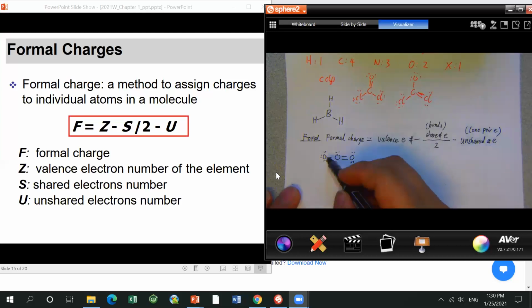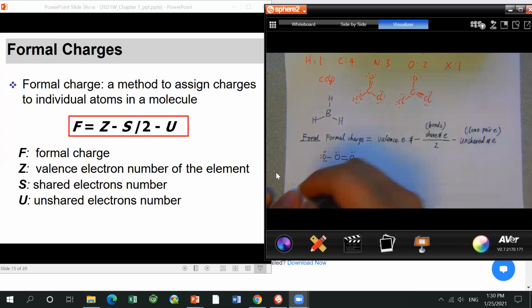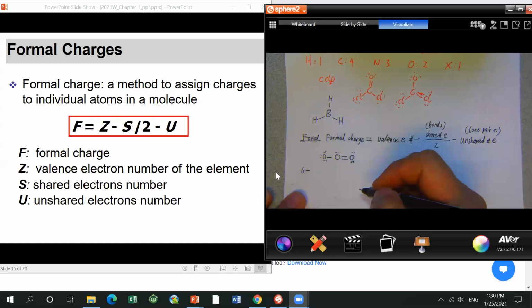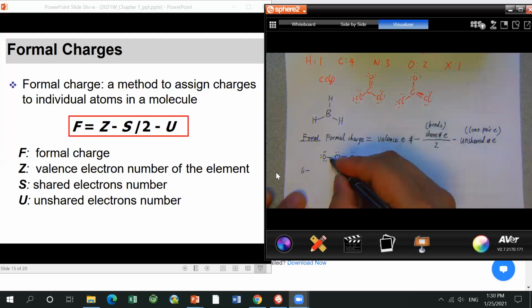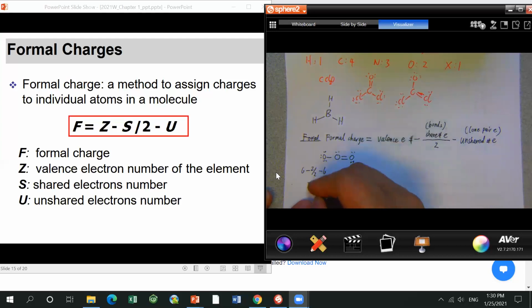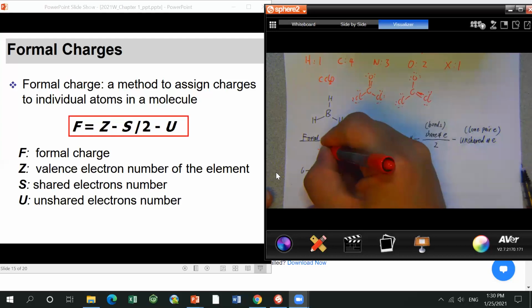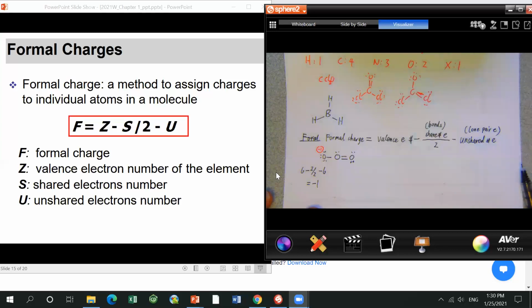For the last oxygen, the valence electrons should be 6, minus half of the shared electrons. We only share 2 electrons from the bond, and then minus all the unshared electrons, 6 unshared electrons. That gives you minus 1, so the last oxygen is minus 1.